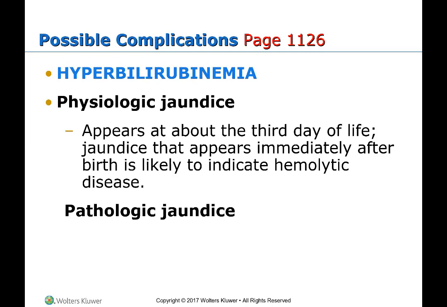When it gets to be a certain level in the blood, it is causing problems with the brain. And the word for that is kernicterus. And it actually means bilirubin encephalopathy.